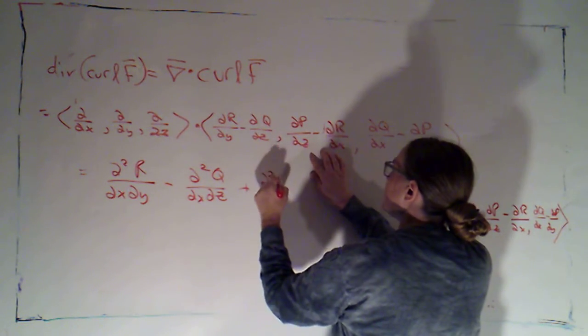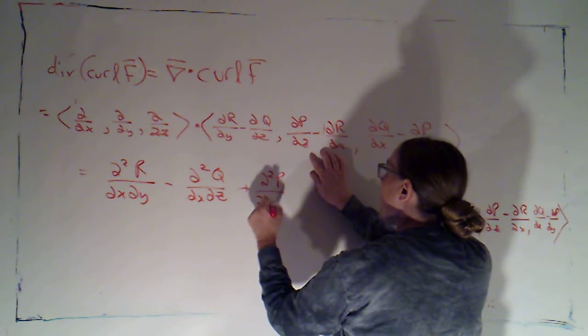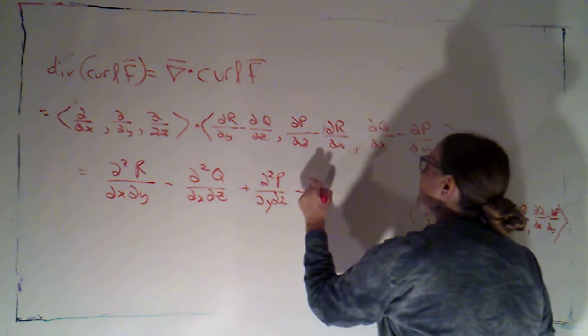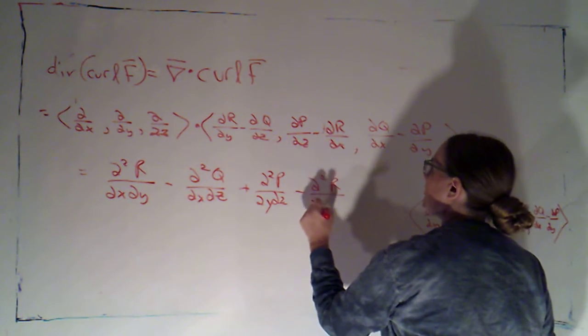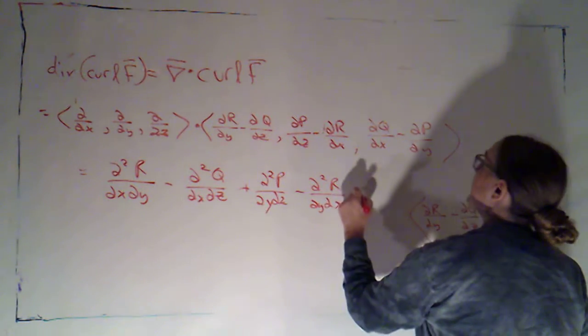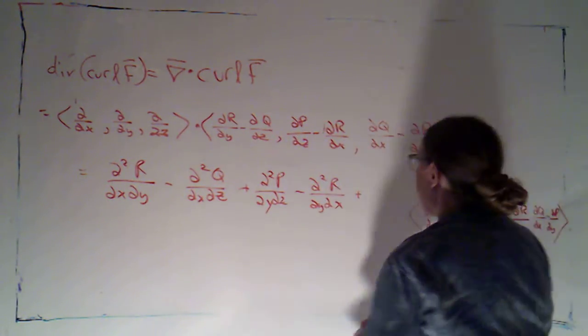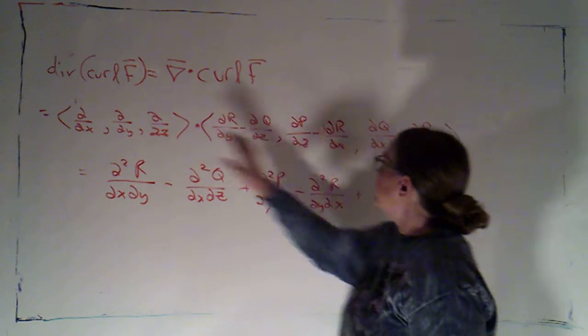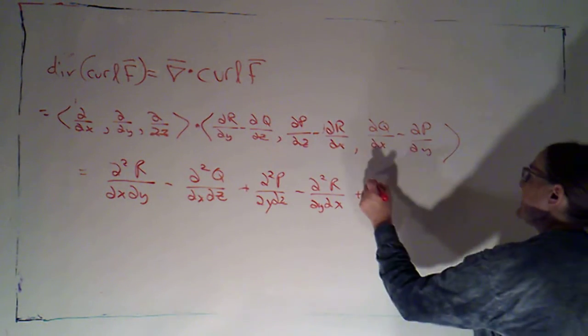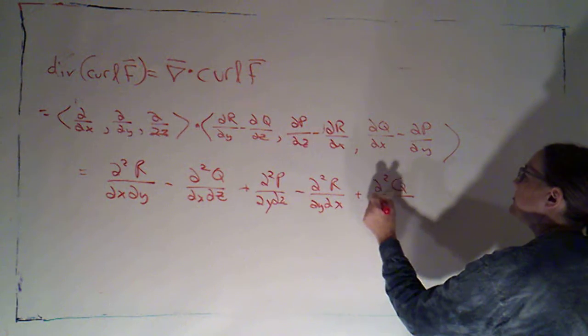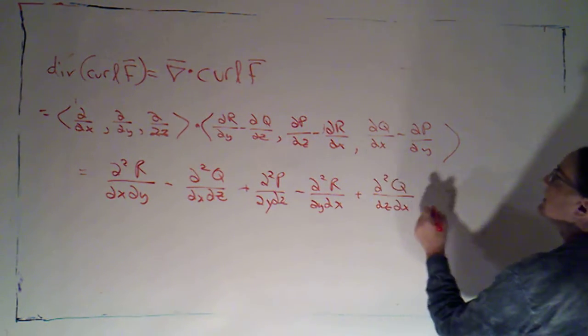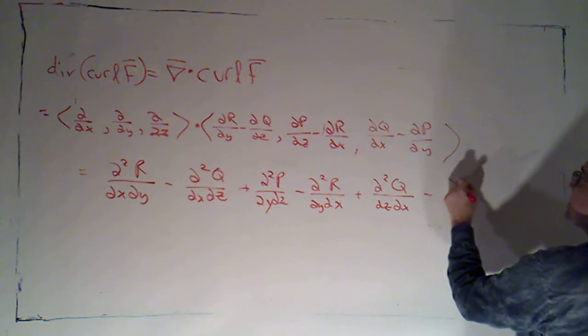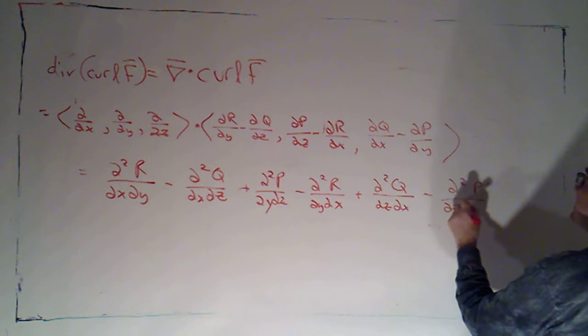So I'm going to get partial squared p partial y partial z minus partial squared r partial y partial x. Plus, now I can add to that, I'm going to take the partial with respect to z of these guys. So I'll have partial squared q partial z partial x minus partial squared p partial z partial y.